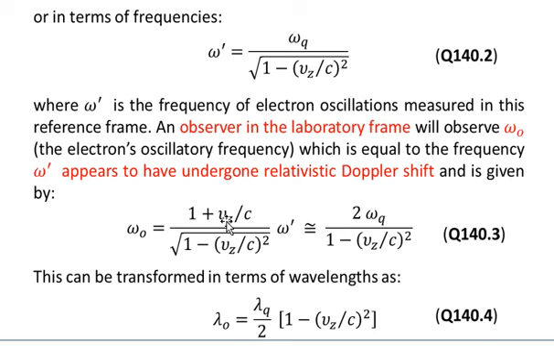Replace Vz with c, c cancels and you get 1, so 1 plus 1 equals 2. Here we are assuming that Vz is very close to c, and that is why we have written this relationship on the right hand side in equation number 3. So omega naught is equal to 2 omega q divided by 1 minus the square of Vz over c.